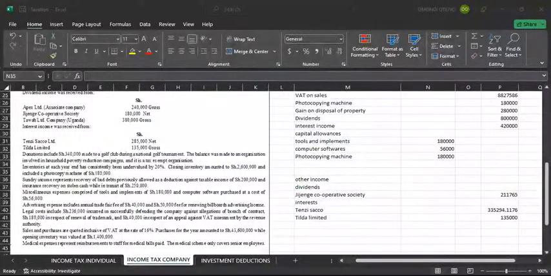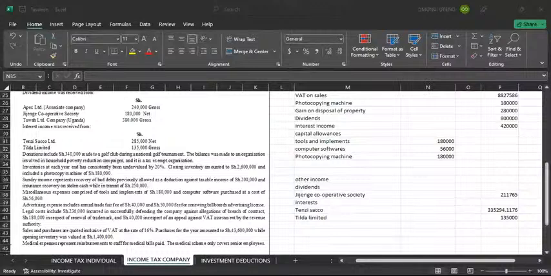So what are we going to have? We have softwares, we have tools and implements. Computer software, 20%. Somebody saying 20%. Really?